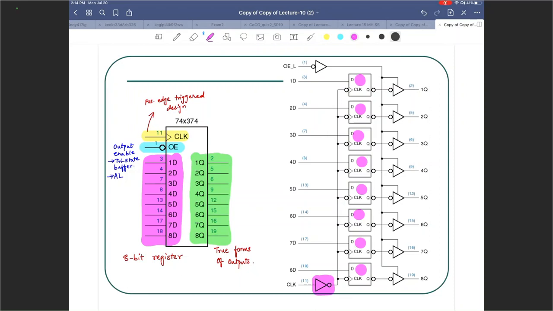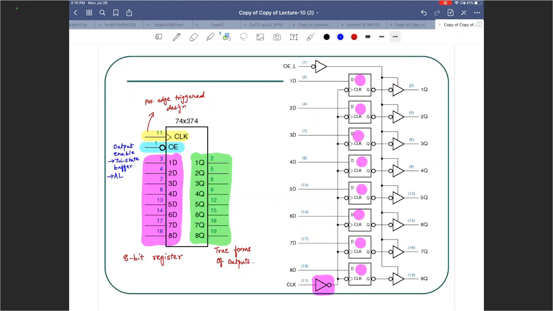So clock input is active high. However, because of that inverter and the use of negative edge triggered D flip-flops, we end up with a positive edge triggered design. The outputs are in true form and complement form, but over here we are using the complement forms of the outputs, and then we are using a tri-state buffer with active low input.